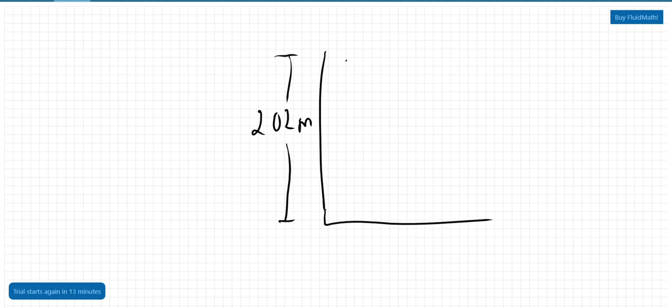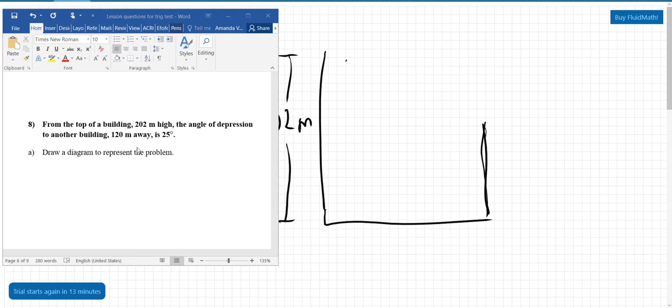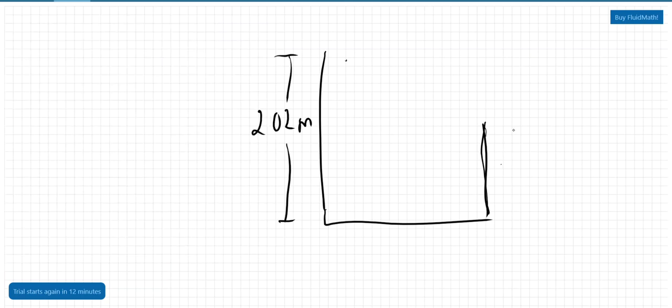And then there's a second building that's shorter. So I'll just do it down here. There's my second building. And it says that these buildings are 120 meters away from each other. Okay? Now, we haven't been given the height of the shorter building. So I don't know what that is yet.